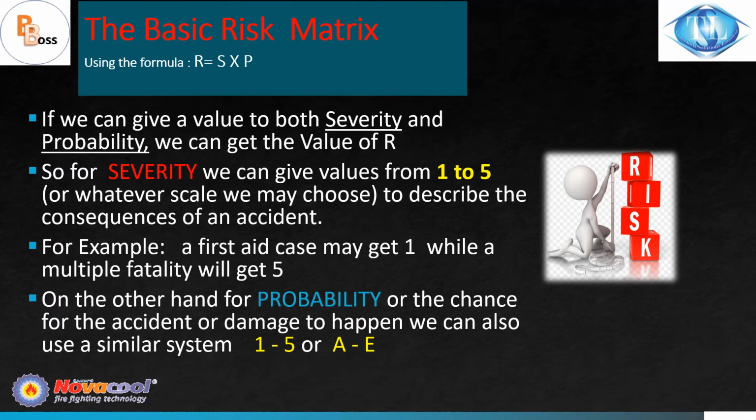But we can do that also using alphabets, that is A to E, and again E means the accident happened several times per year in that place, and A maybe didn't happen there and maybe happened somewhere else in the world. We will explain later why the difference and which one is better; obviously both are workable.